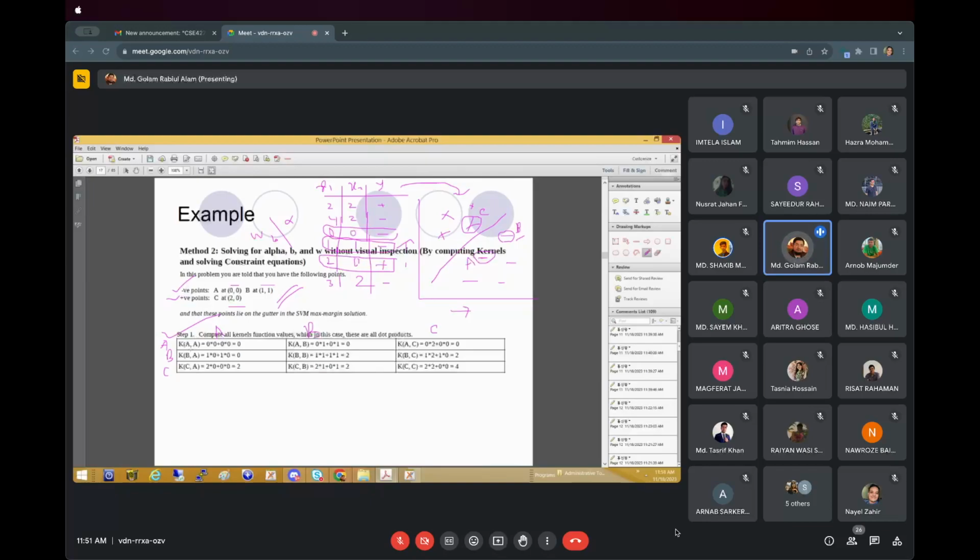So the value of our function kaa we want to compute. In this case a and a. The a is (0, 0) and a is (0, 0).